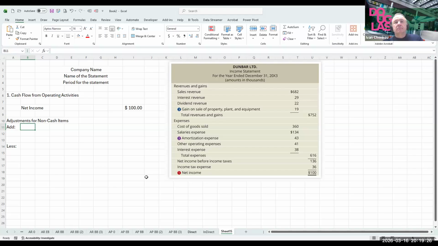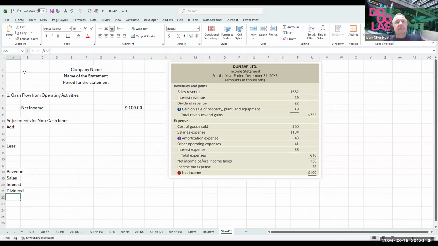For example, we have revenue, gain and everything. Let me see from the slides if I can get it. No, I cannot go inside, it's not an Excel spreadsheet, so I cannot do anything with the slides. Let me go back here. Now, what are we going to see? We're going to have revenue, and after that sales revenue, interest revenue, and dividend revenue.